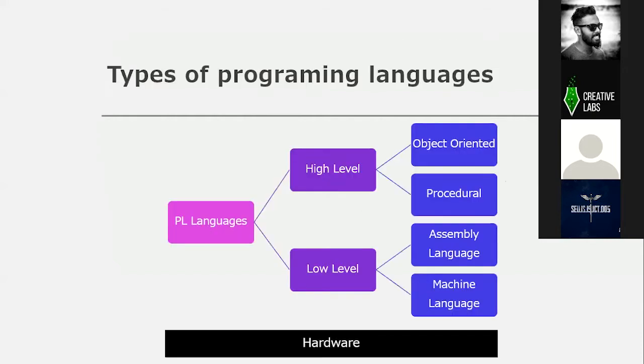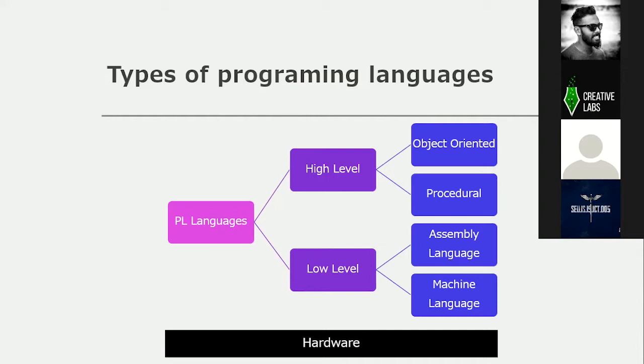Basically, we have some programming language types. We can divide them into high level and low level languages. These two run on top of the hardware, either a computer, a mobile phone, or any other device which understands machine languages.